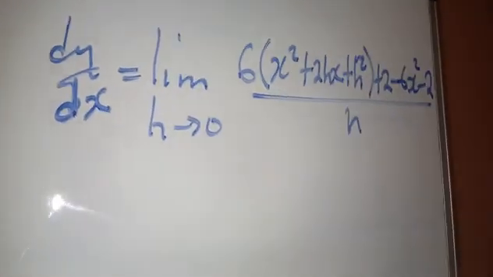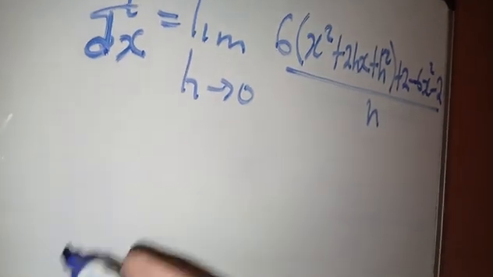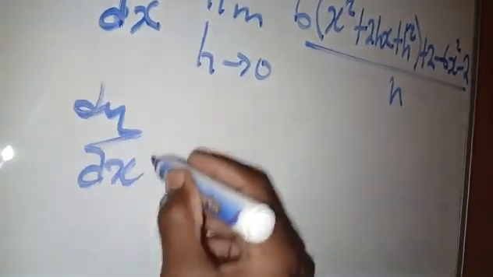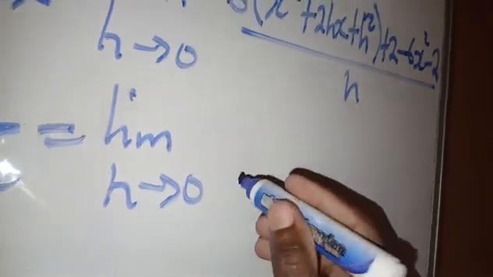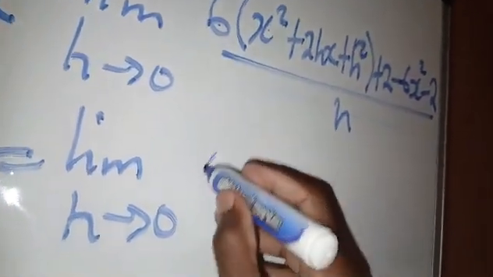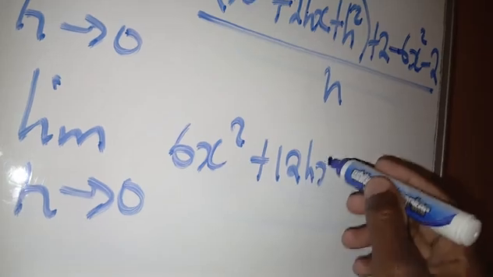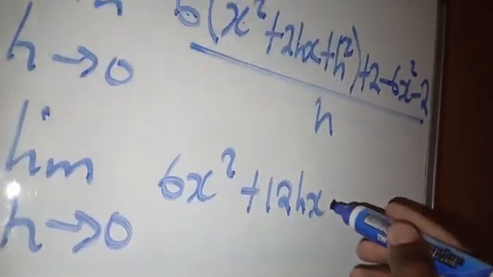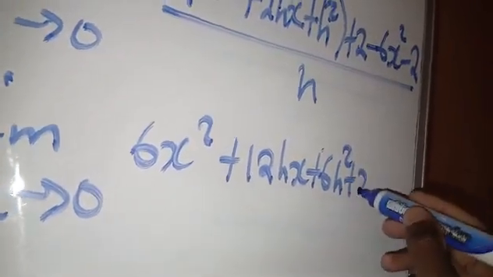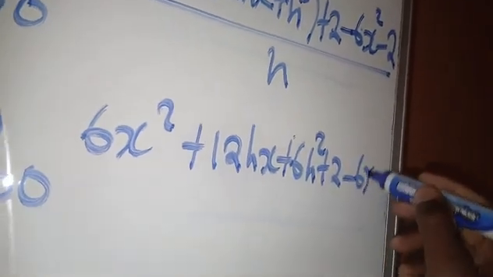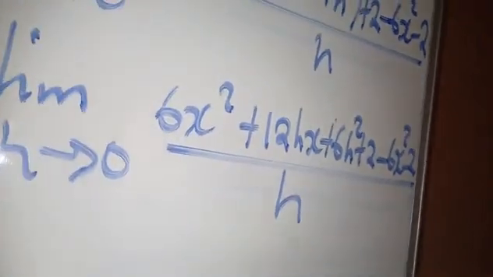So you can easily now multiply 6 by everything in the brackets. So dy over dx will be equal to limit as h approaches 0, 6 by this one you get 6x squared, 12hx, you get 6h squared plus 2 minus 6x squared minus 2, and everything divided by h.